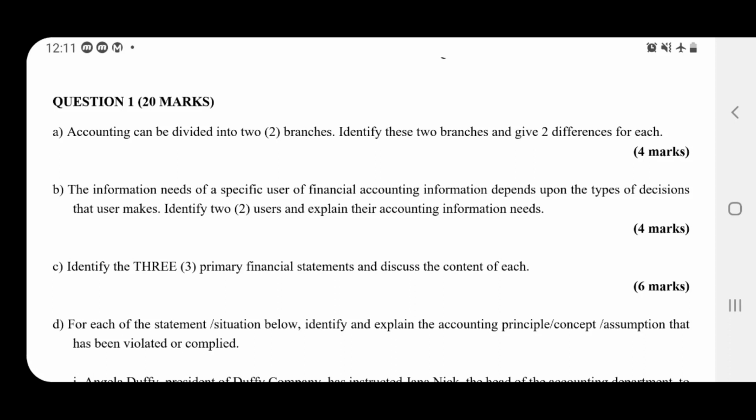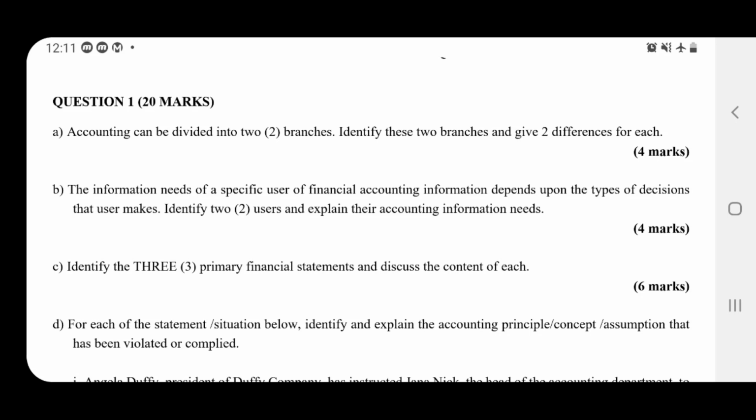So when the question says financial accounting information, then you have to know financial accounting information is called financial statement. Financial statement is the output of financial accounting. So this is the financial accounting information.